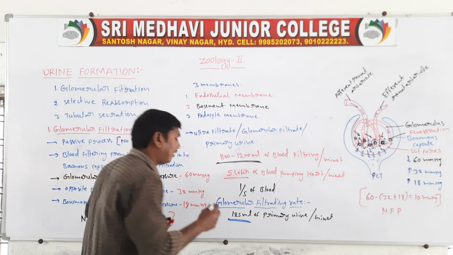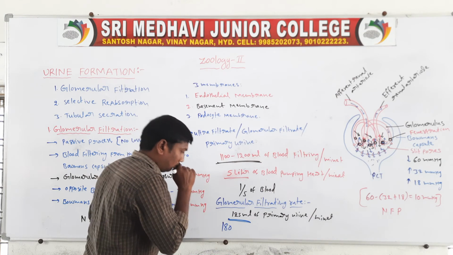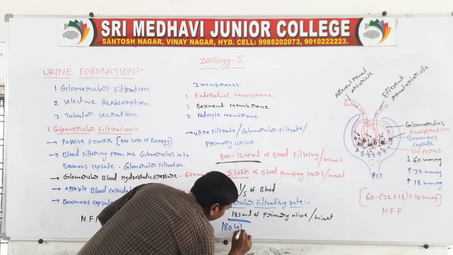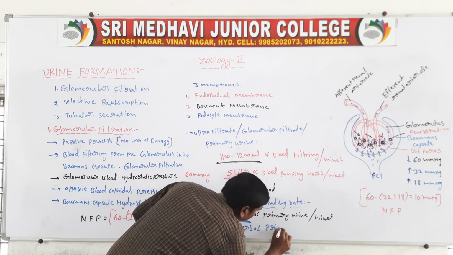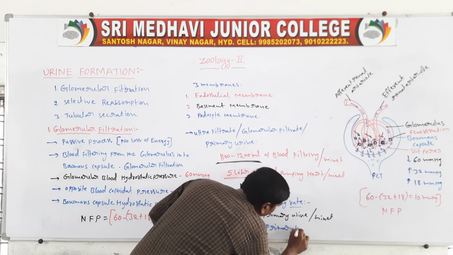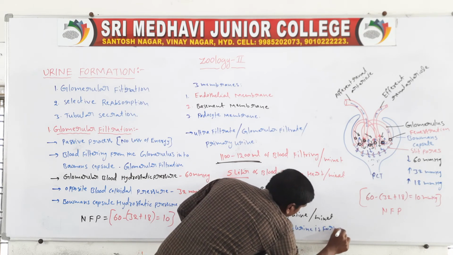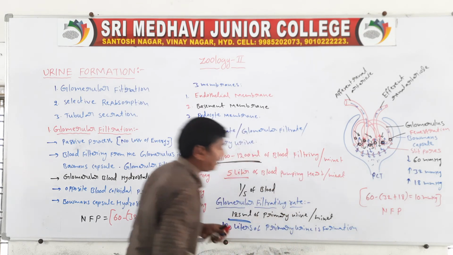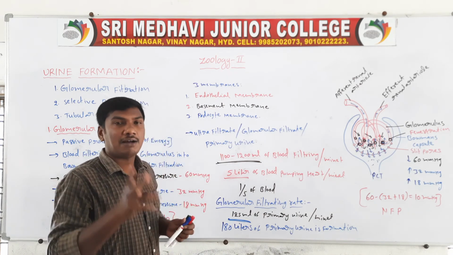For a day, 180 liters of primary urine is formed.